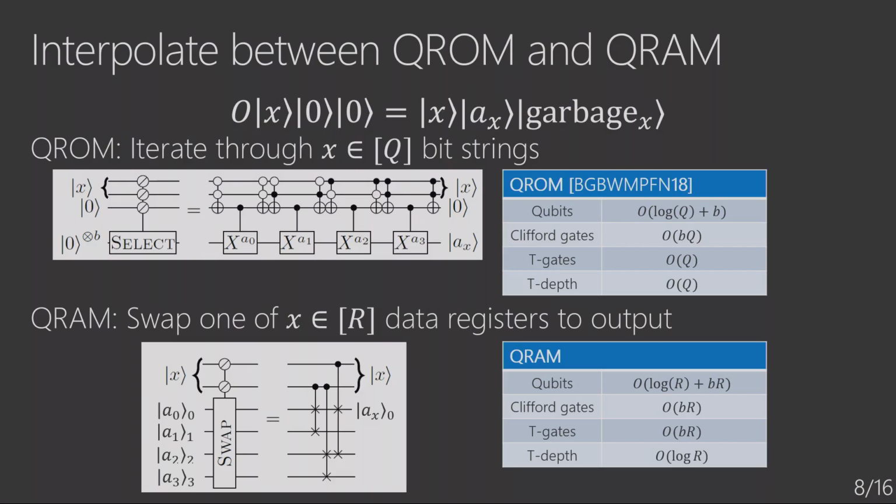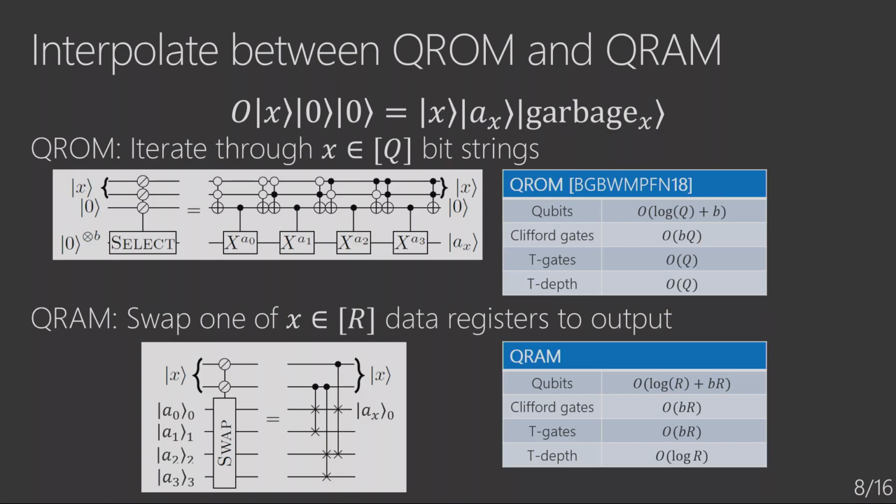Then here at the bottom, I have a kind of QRAM. It's not exactly QRAM, but it does the same thing. Instead of writing all of the outputs into a single register, we duplicate the output register some number of times, r times, and then we write the output that we want using only an X gate into each of these registers.